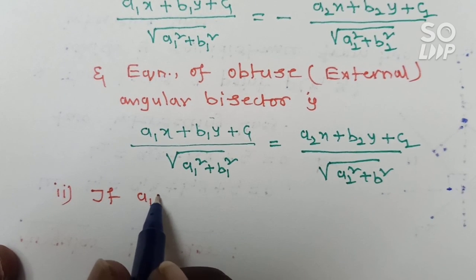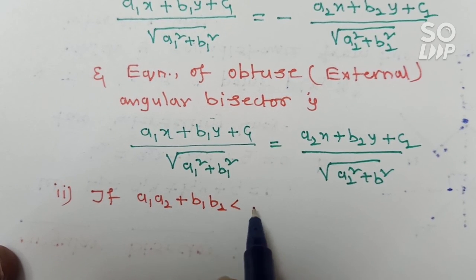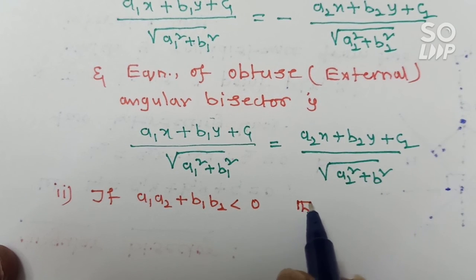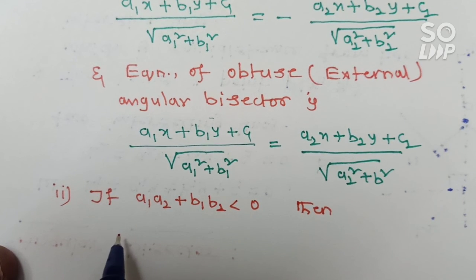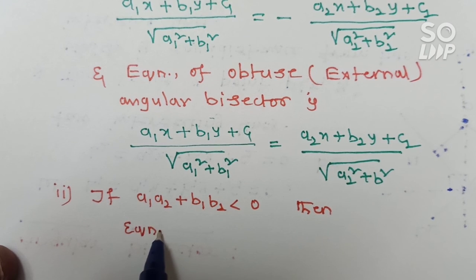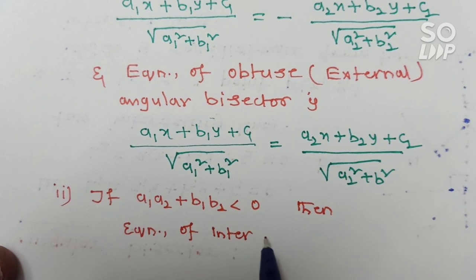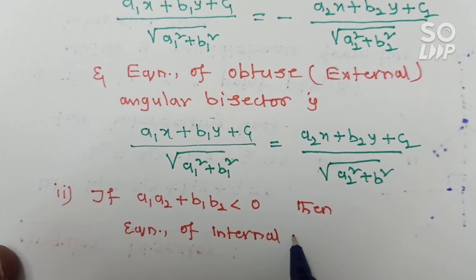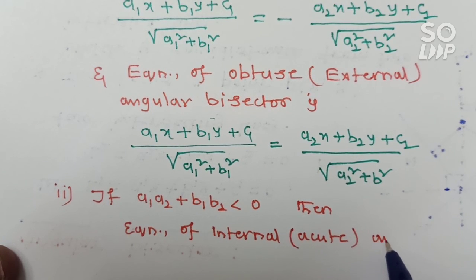if a1 into a2 plus b1 into b2 is less than 0, then what will be the acute angular bisector? See, here I will write in short form. The equation of the internal angular bisector, what is the other name of internal? Acute angular bisector.